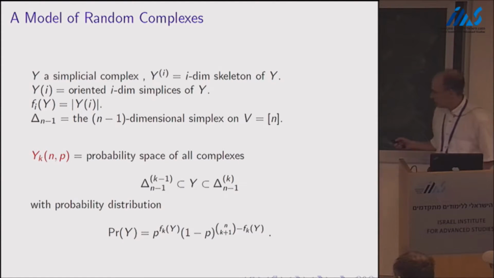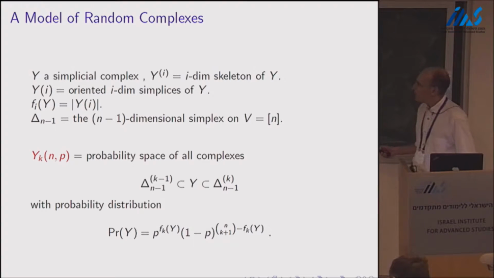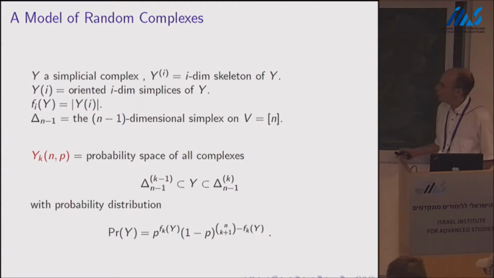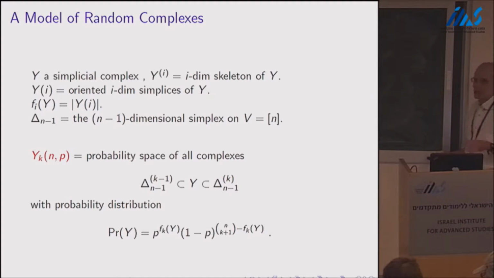Here you do something similar. You take Y_k(n,p) to be the probability space of all complexes which are k-dimensional, contain the full (k-1)-skeleton, and now you add each k-simplex with equal probability p, and independently.